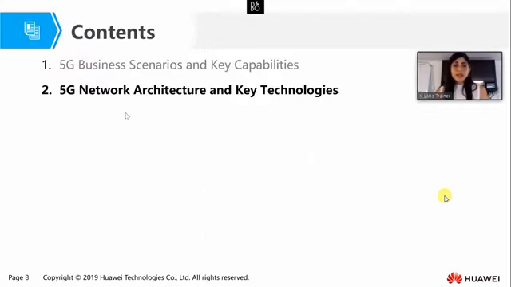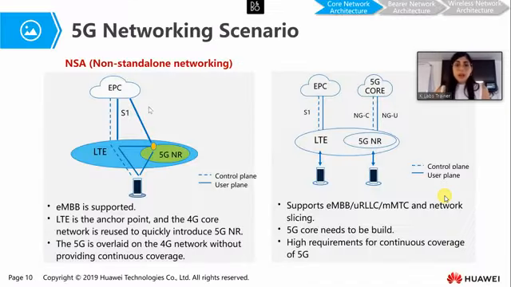So we can start with the new architecture. Talking about the new architecture, we actually have two scenarios of architecture in our 5G network. One architecture is called non-standalone network, and the other one is the standalone network.